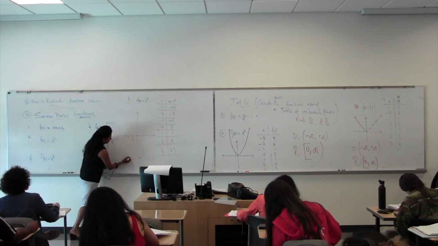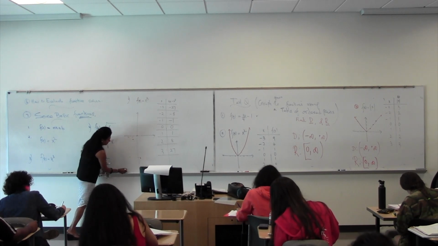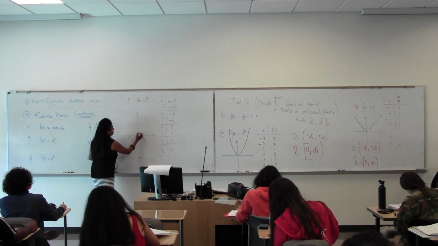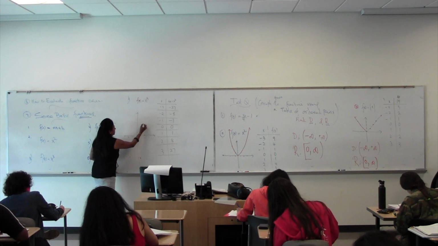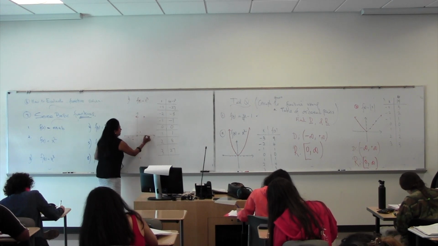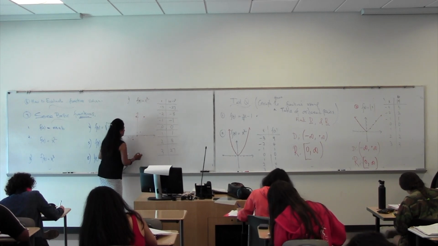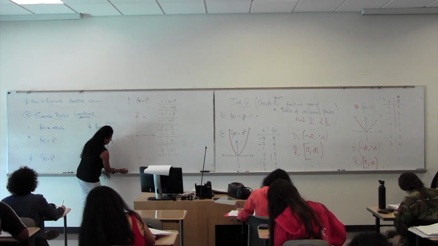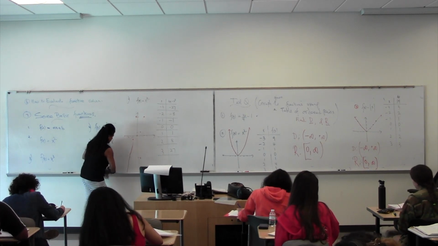Negative 3 and negative 27 is all the way down here somewhere, right? And positive 1 and 1. Positive 2 and 8. Positive 3 and 27 somewhere all the way up there. So now the graph is going like this, guys.